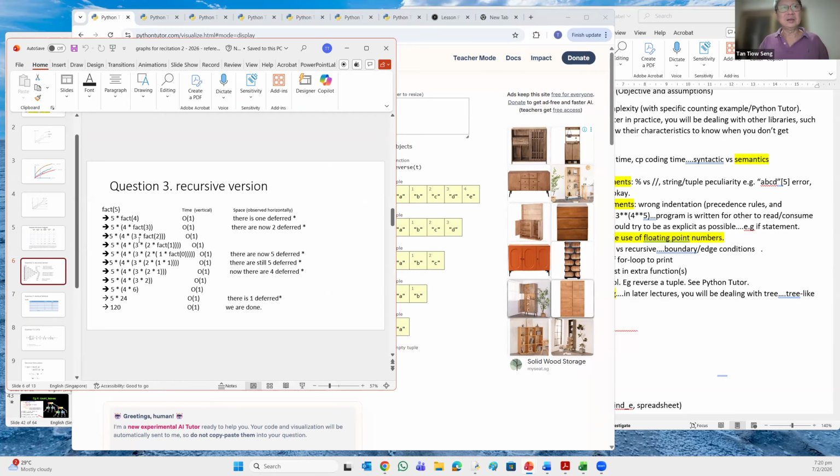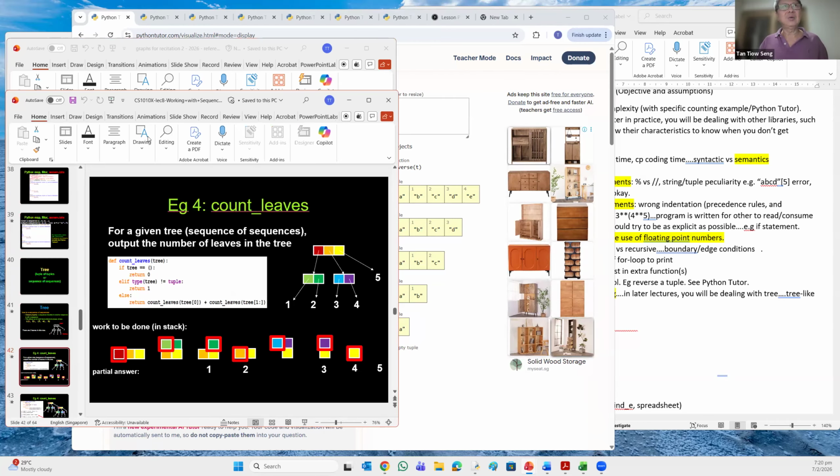And this one is that there are 5 deferred operations of the multiplications. So the space that you have is exactly the size, the number n. So the space is O of n also, and the time in this case is O of n. So all right, this is another form. So basically, you invent different kinds of tables or charts to help you.